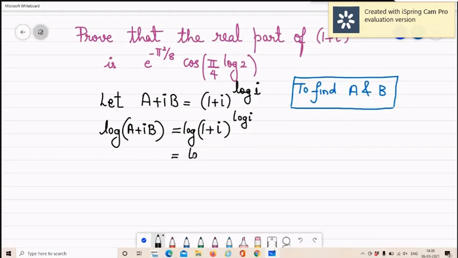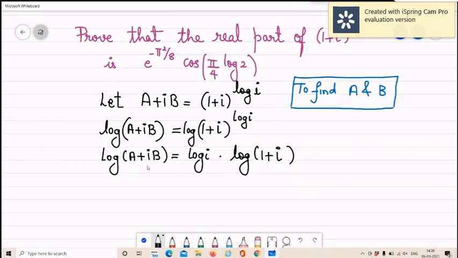My right hand side will be log i multiplied by log of 1 plus i. Is this understood? Remember that you are not going to expand the left hand side, log of a plus ib, we are not going to expand. Why? Because I need the value of a and b here. So my interest is only expanding the right hand side.